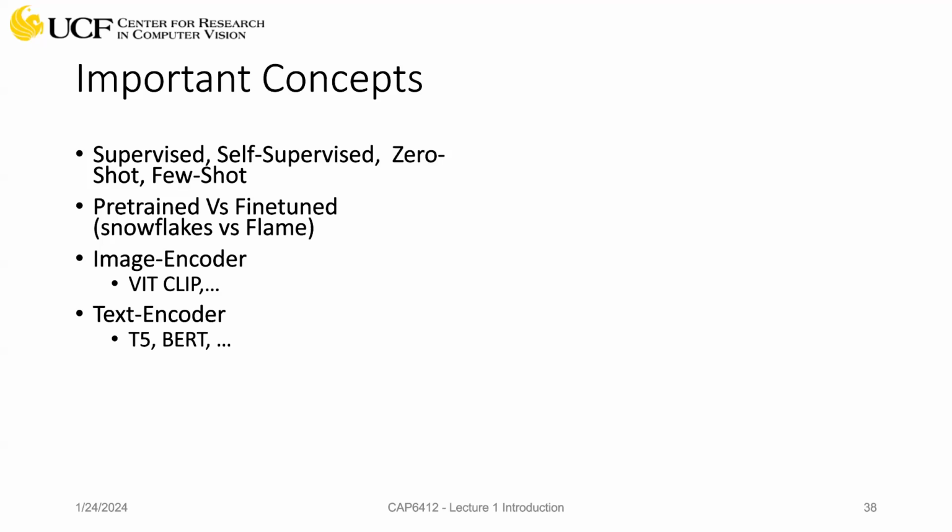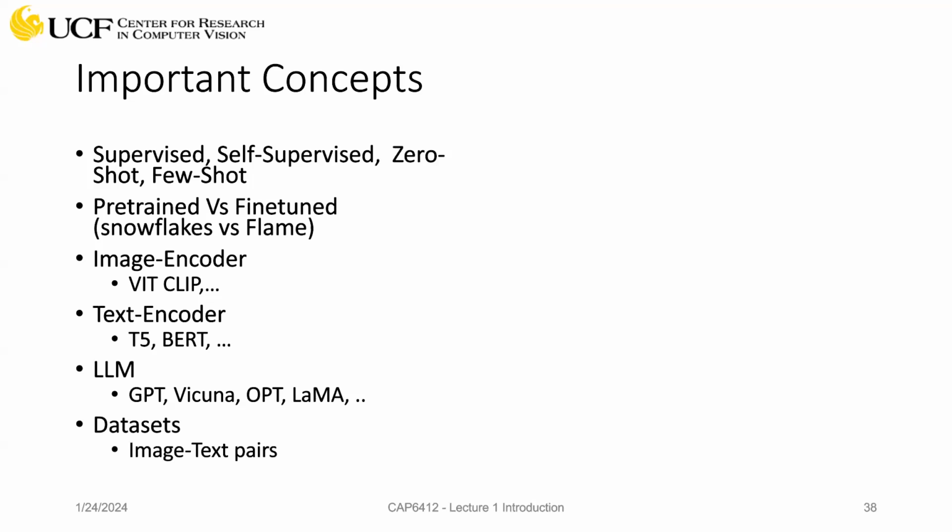Similarly, text encoder. So we have to have a text encoder, and BERT we talk about is one, and T5, there are many other ones you will hear. Then there's the large language model: GPT, Vicuna, OPT, Llama, and there are many of those, right? So just get familiar, feel comfortable with those.